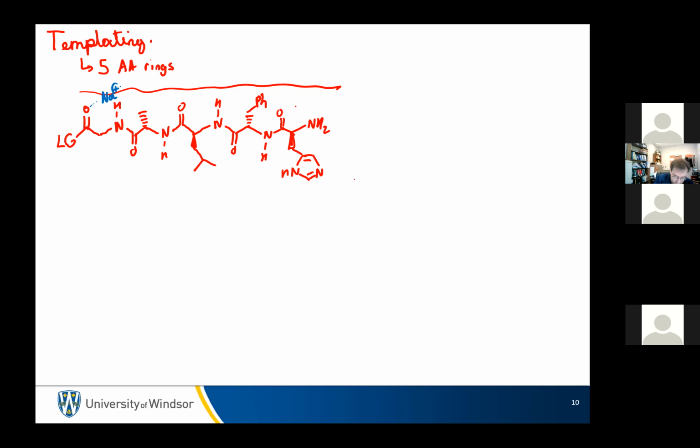Ooh, it interacts with that carbonyl. Things rotate around a little bit, and then this carbonyl starts interacting with that sodium. And so what did I just do? I just bent the whole thing. And so now extending out, there's kind of a sodium here, which is interacting with both of those.